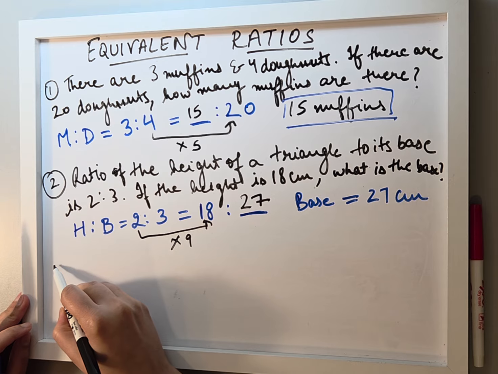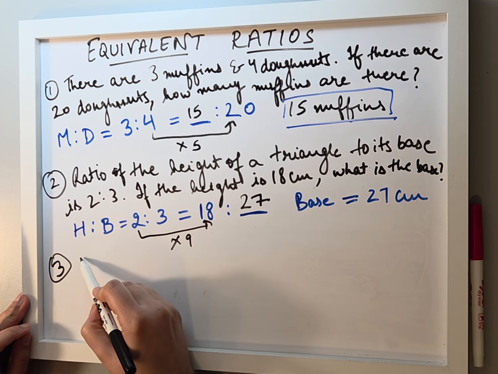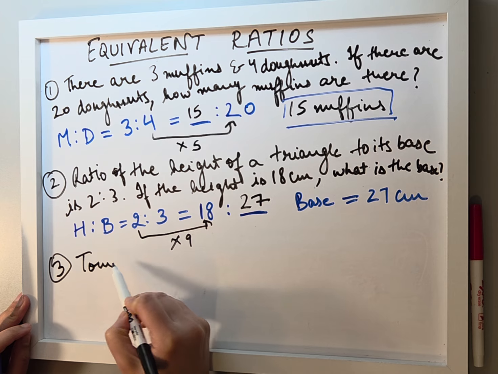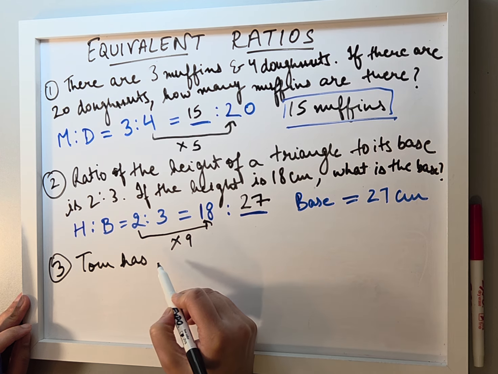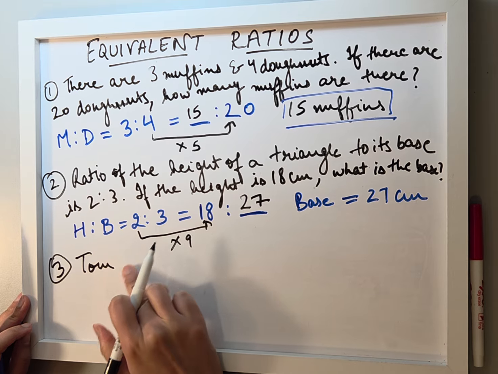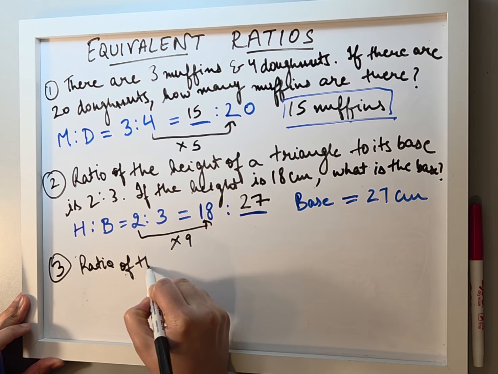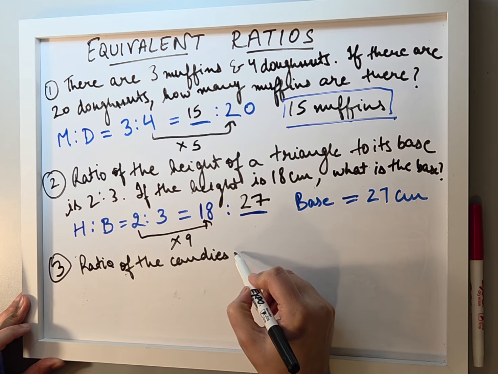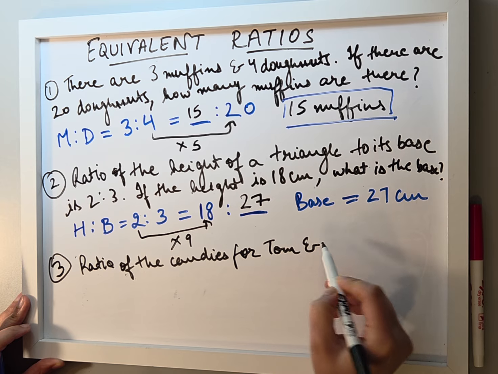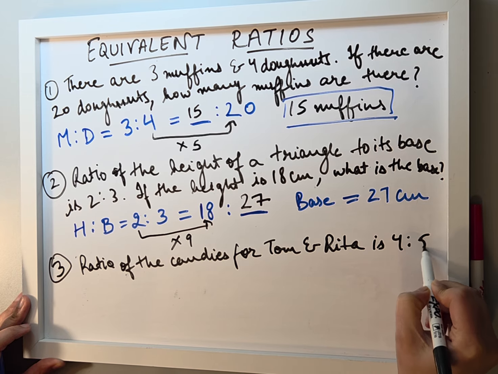Okay, let's do a last problem. So for example, there are two kids. Let's say the ratio of the candies for Tom and maybe Rita is 4:5.